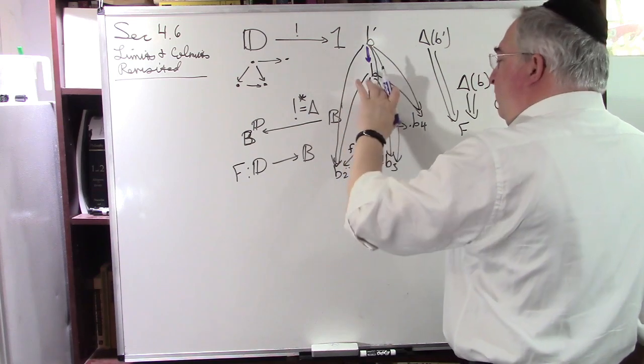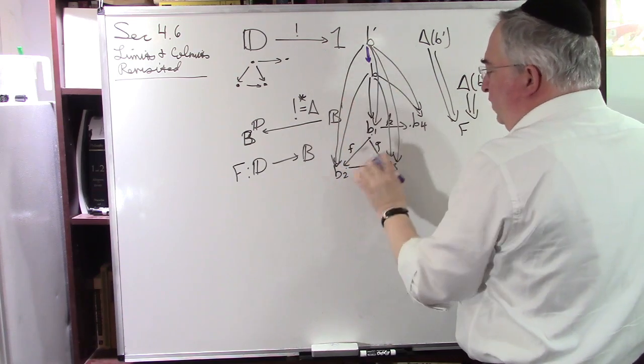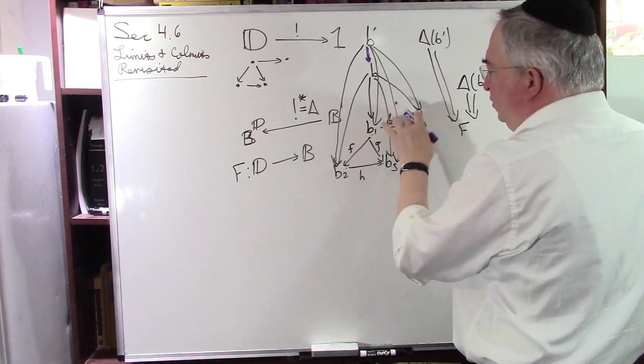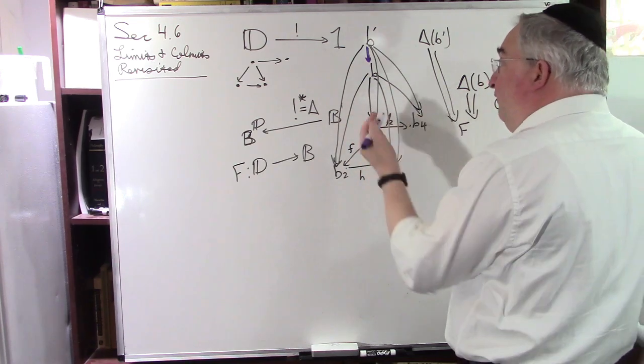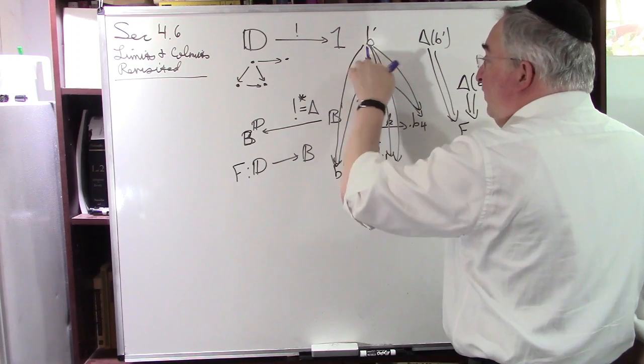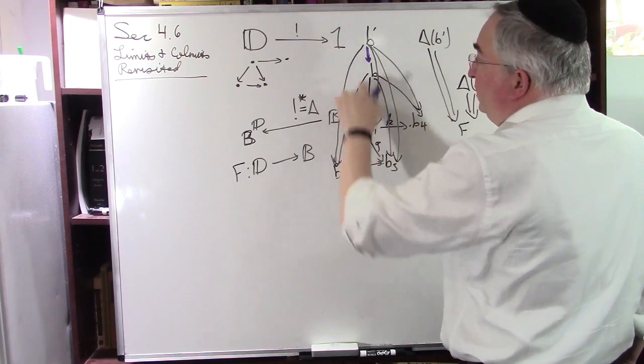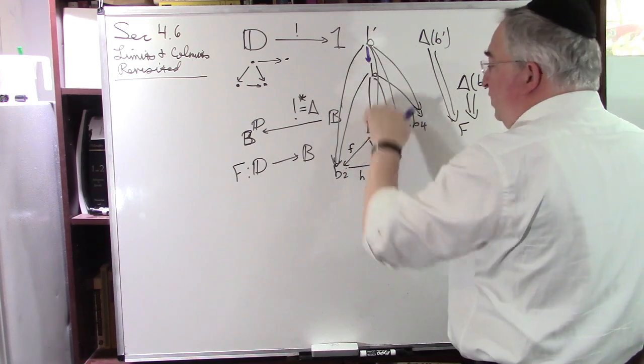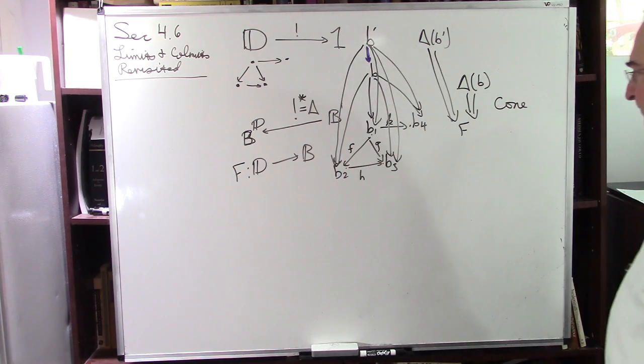Again, the cones make sure that everything commutes with the f's, g's, and k's. But here's a morphism between cones, a function from B to B prime, such that this triangle commutes, this triangle commutes, lots of triangles commute.